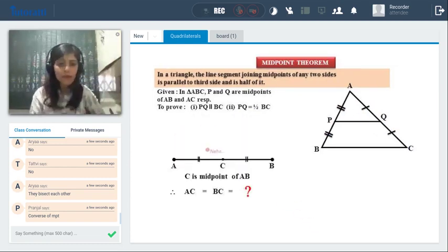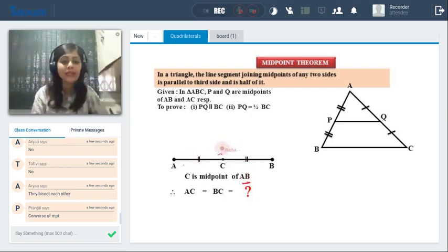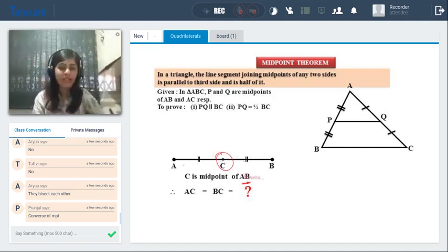Students, pay attention. What do you see here? We see segment AB, and AC is equal to CB. That means C is the midpoint of AB. For C to be the midpoint of AB, AC is equal to BC.